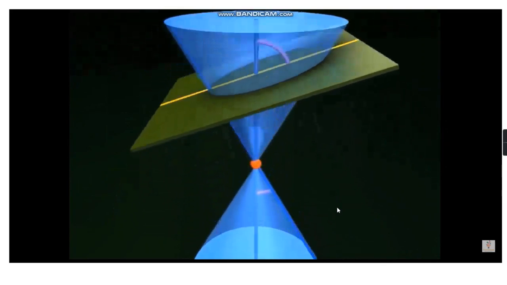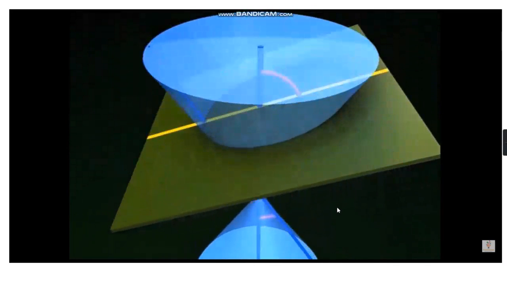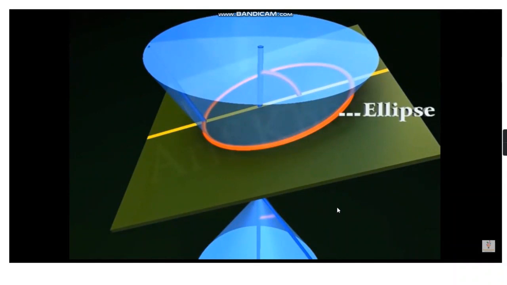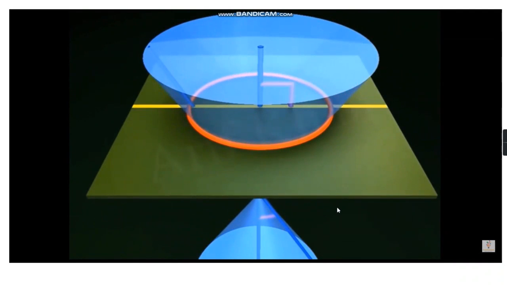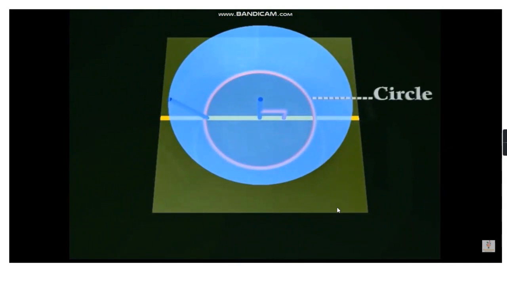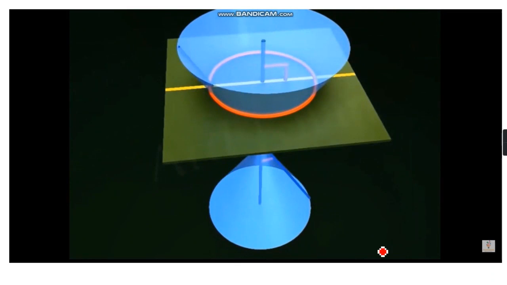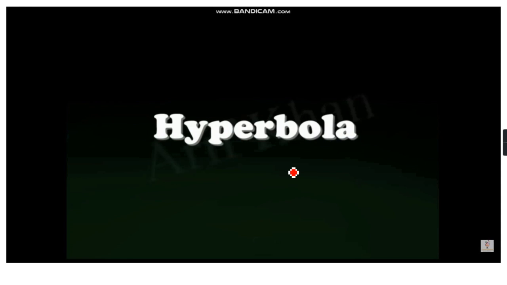So here the angle B is greater than A, then we get the ellipse. And if it is parallel to the base, we get the circle. Then the hyperbola.